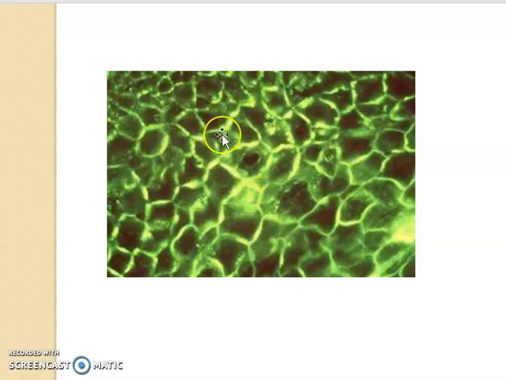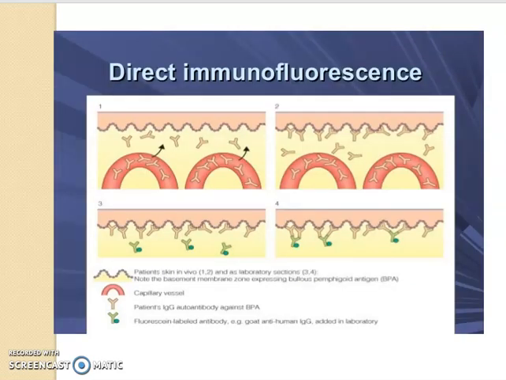So this is a specific pattern for pemphigus, right? Let me explain the immunofluorescence. There are two types, direct and indirect. I focus on direct immunofluorescence. This picture is meant for pemphigoid, but it is the same. The immunofluorescence concept for pemphigus or pemphigoid is the same.